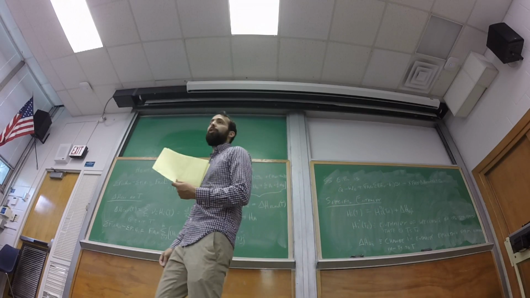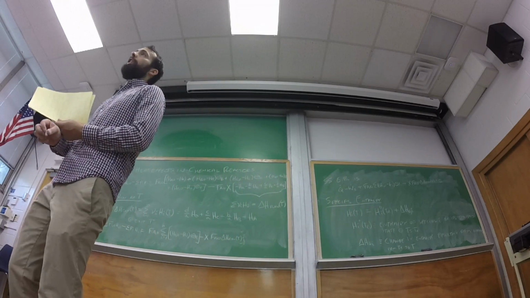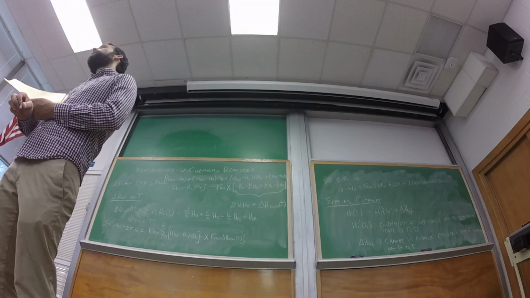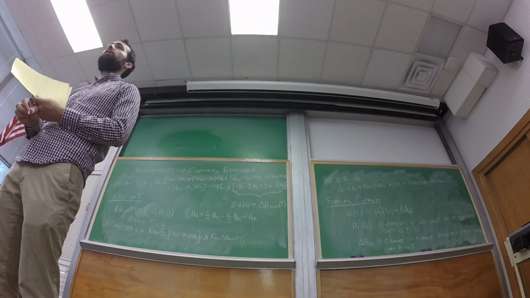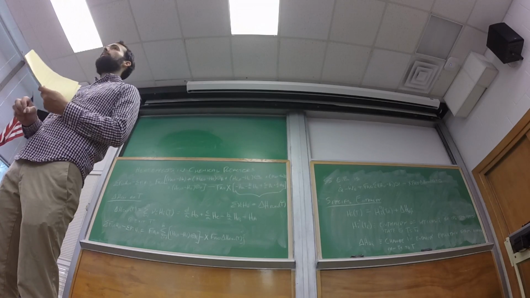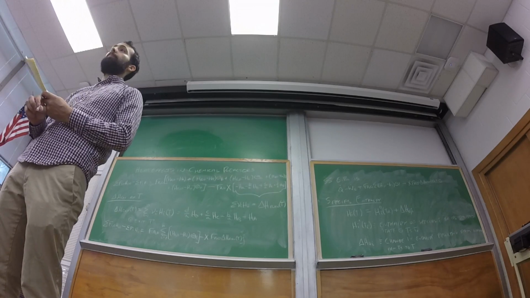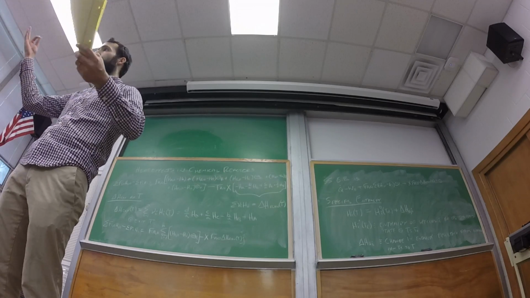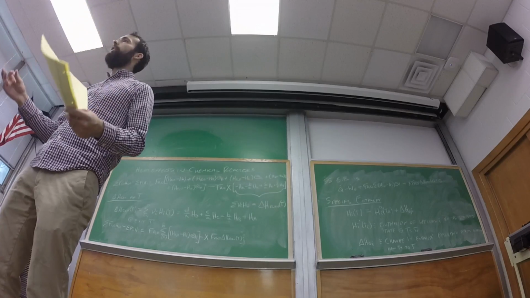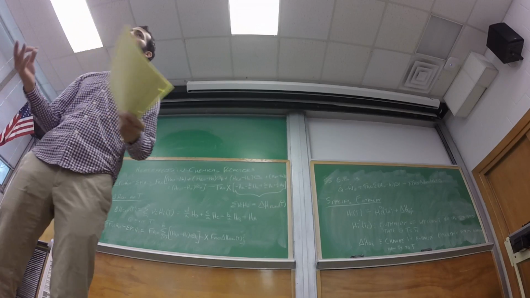So if I'm at 200 Celsius and 1 atmosphere and I'm talking about water, what's the reference state for water? We'll say 25 Celsius, 298 Kelvin. And what's the phase?